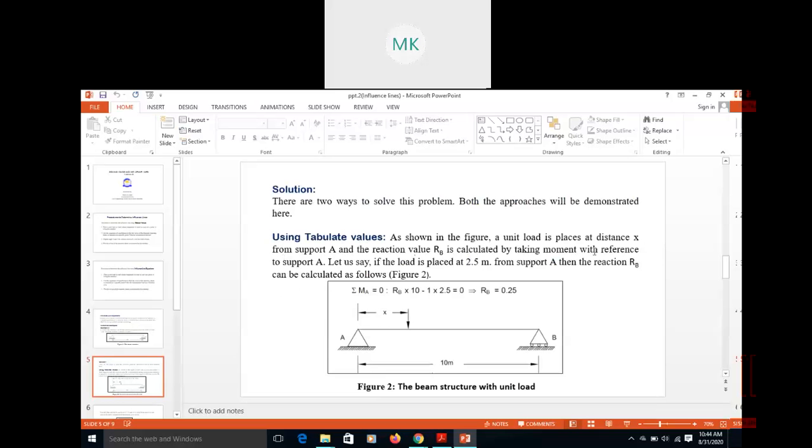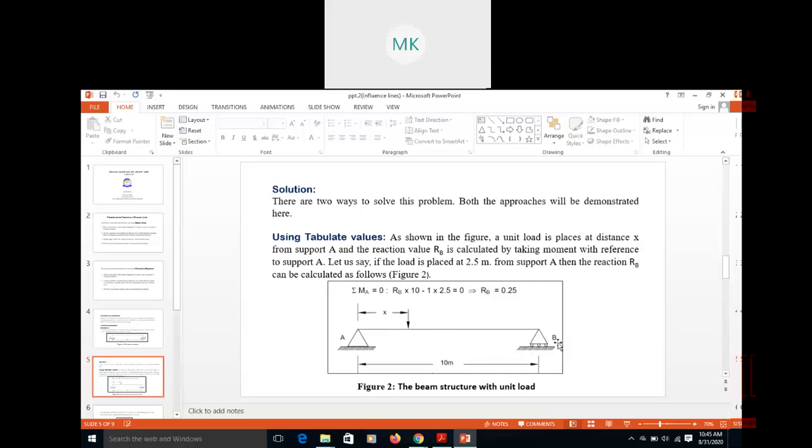Okay, here you see, as shown in the figure, a unit load is placed at a distance x from support A. This load is applied at a distance x from the support A, and the reaction value RB is calculated by taking moment with reference to support A. So I think all of you know how we need to find out the reaction. Is it?